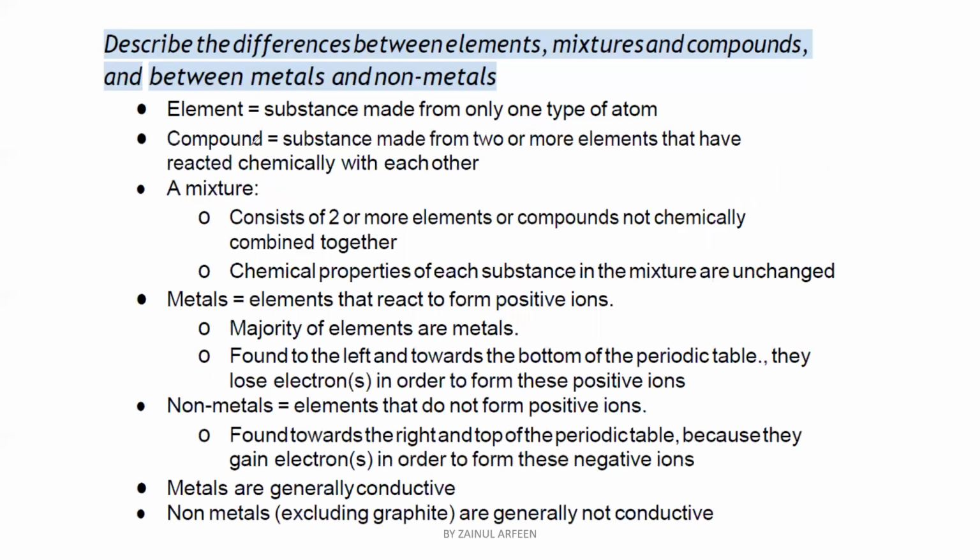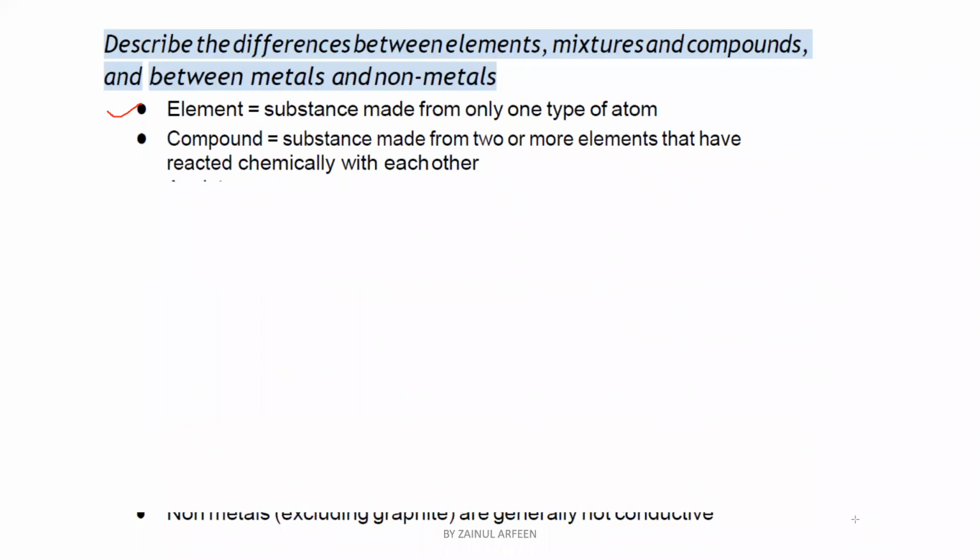The second definition is about compound. So how do we define a compound? A substance made from two or more elements that have reacted chemically. So a substance which has two or more different types of atoms and they reacted with each other, we call that substance a compound.